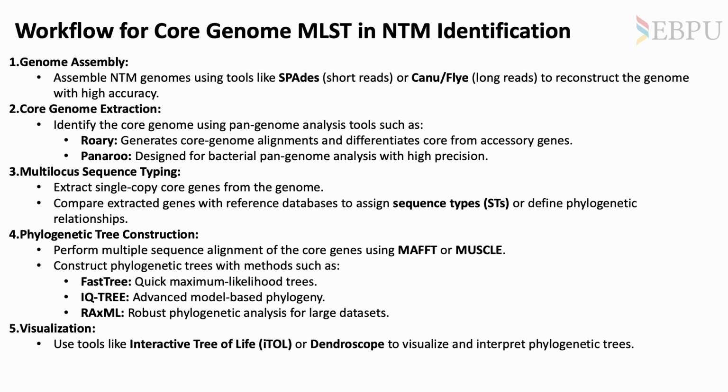Next, we build phylogenetic trees using aligners like MAFFT and tree-building tools such as FastTree or IQ-TREE. Finally, we visualize relationships with tools like iTOL to interpret species clustering or strain variation.